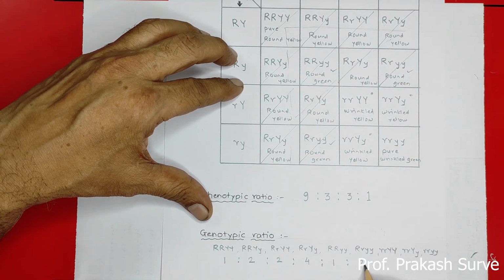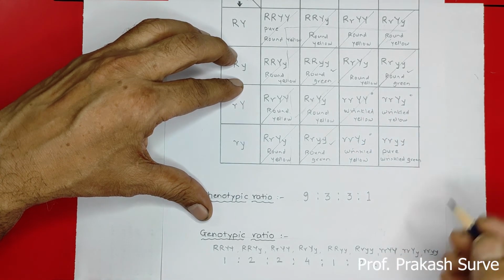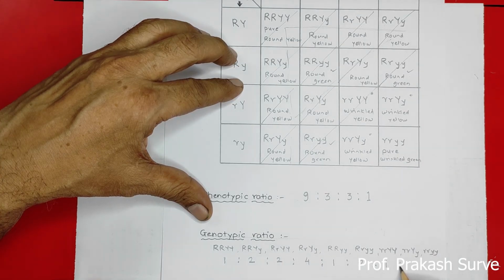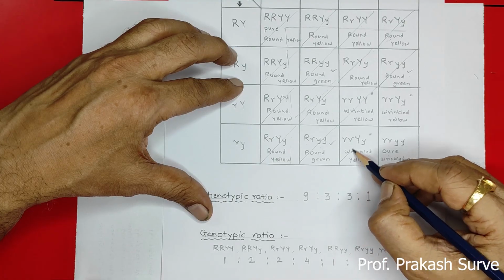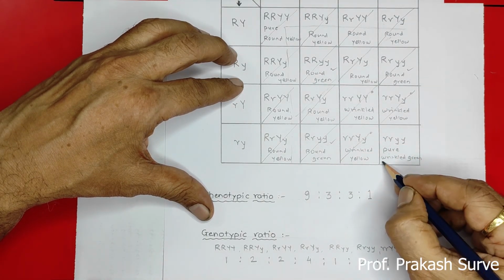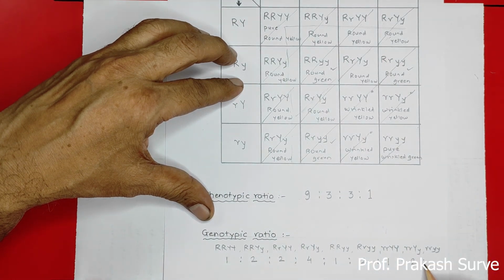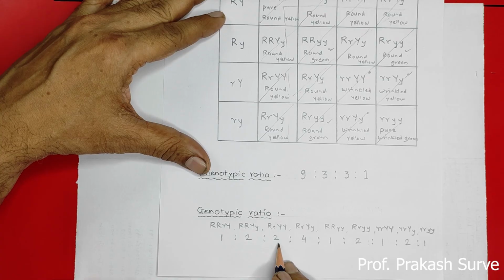So here it is a 2. Small r, capital Y. So here is only 1. Small r, capital Y, small y. So here this is a 1 and this is a 2. So we got 2. And this is only 1 last. So that's why we got the ratio 1:2:2:2:4:1:2:1:2:1.